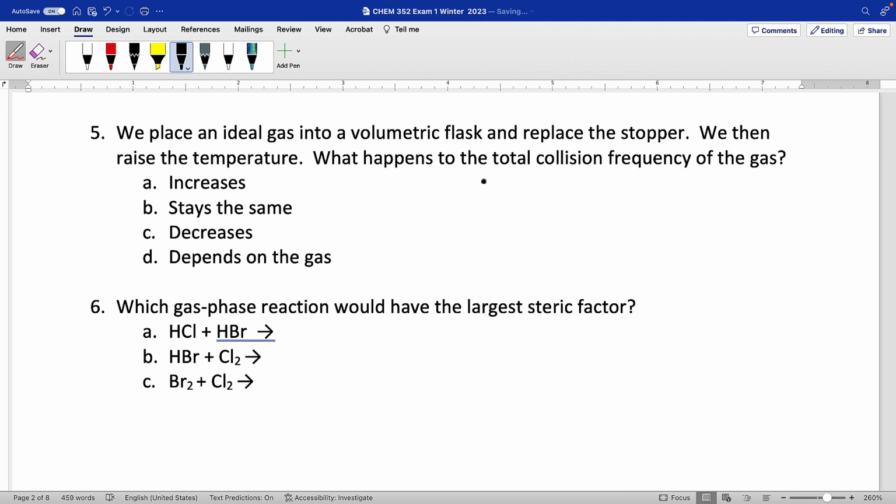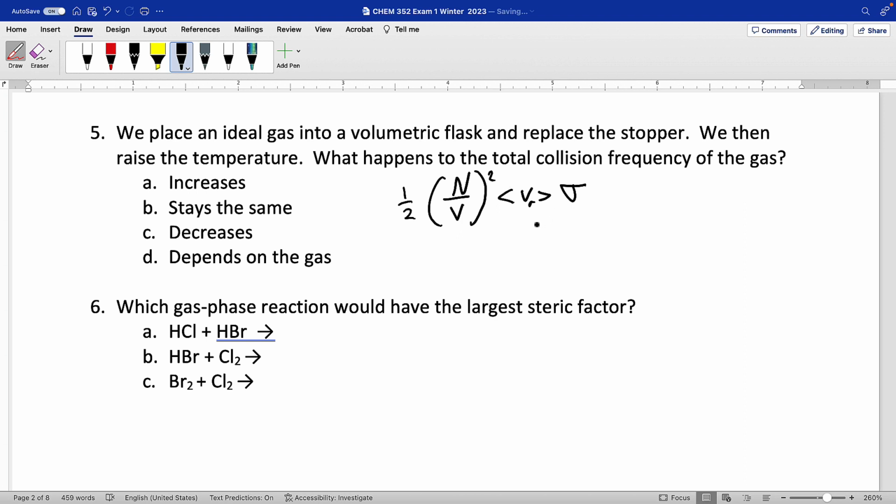We said that we've got the number density squared. We've got the average of the reduced speed, and then we have the collision cross-section. Okay, so looking at this, what happens when we raise the temperature?